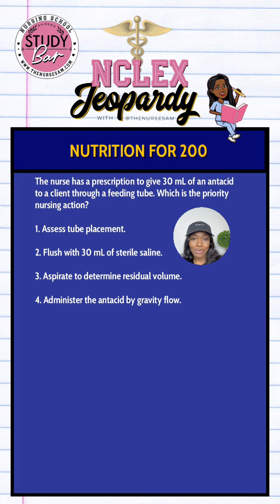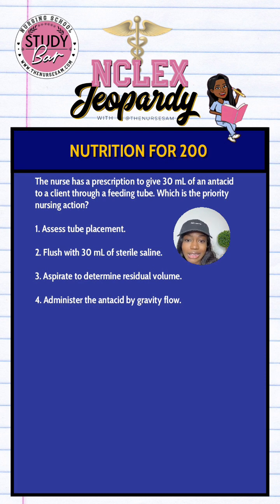Whenever we see that word priority in NCLEX style questions, you're more than likely going to have more than one correct answer, but you're looking for the most correct. Whenever you think about priority, think about Maslow's hierarchy, those ABCs, and also client safety.